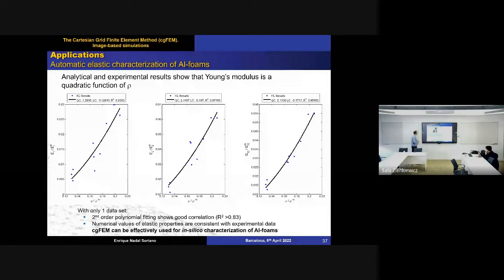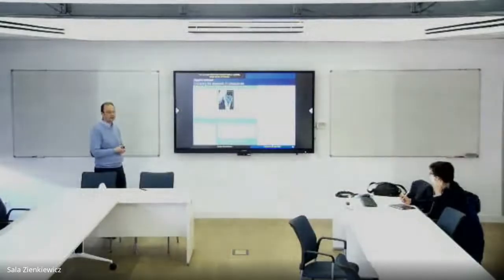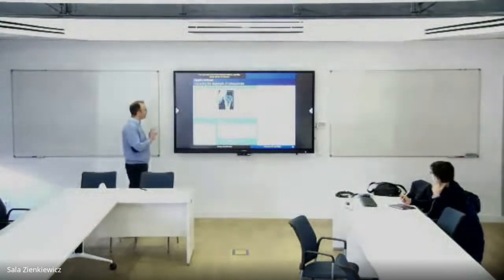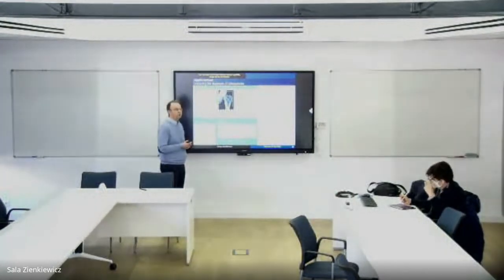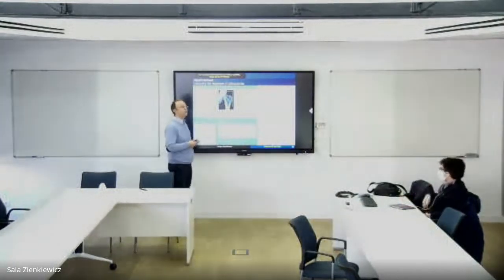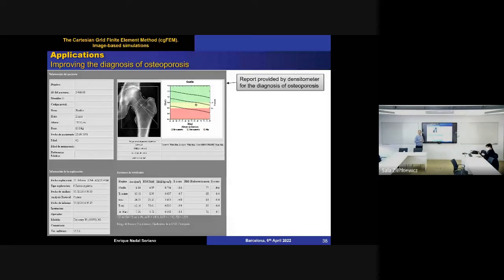Then we start now with the medical applications. We get confident with the tool, and we start with the medical application. The first thing we did is try to predict, or at least to give some more information to the doctor for the hip fracture.